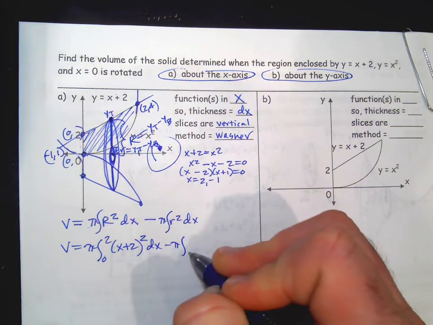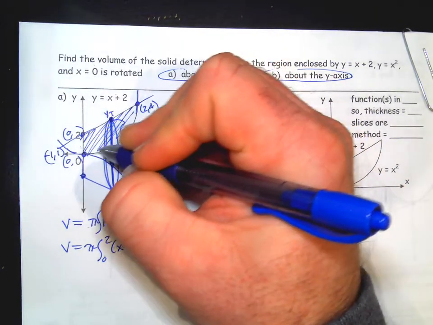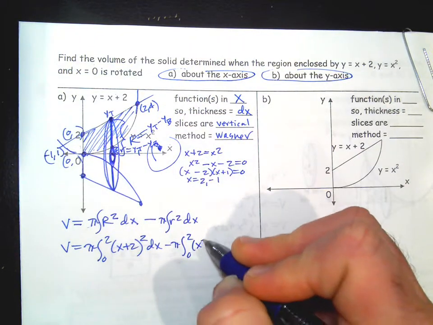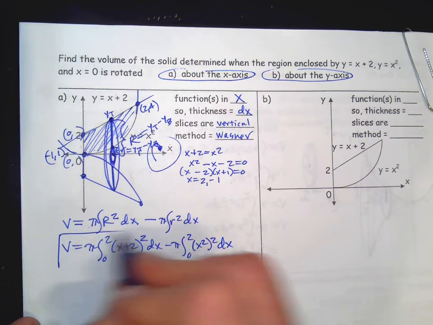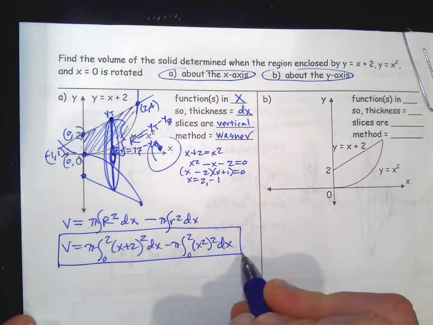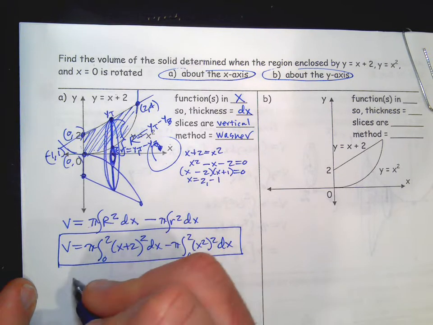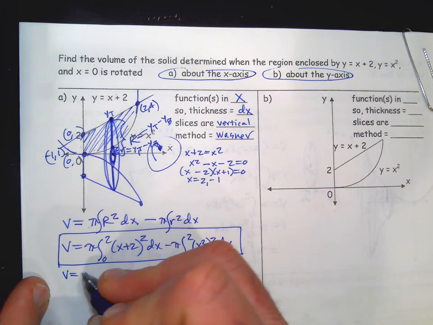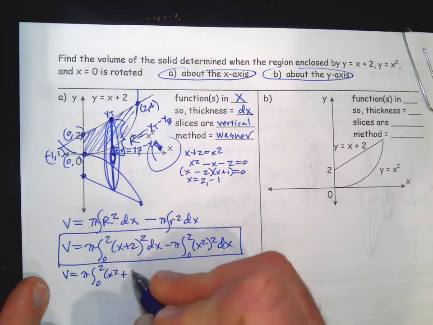The little one is this length right here. And so y top is actually right here along this curve, which was x squared. So that's your setup. And you could put that in your calculator. I mean, we could clean it up, of course. If we were going to do it by hand, we would probably want to FOIL this guy out, and it'd be x squared plus 4x plus 4.